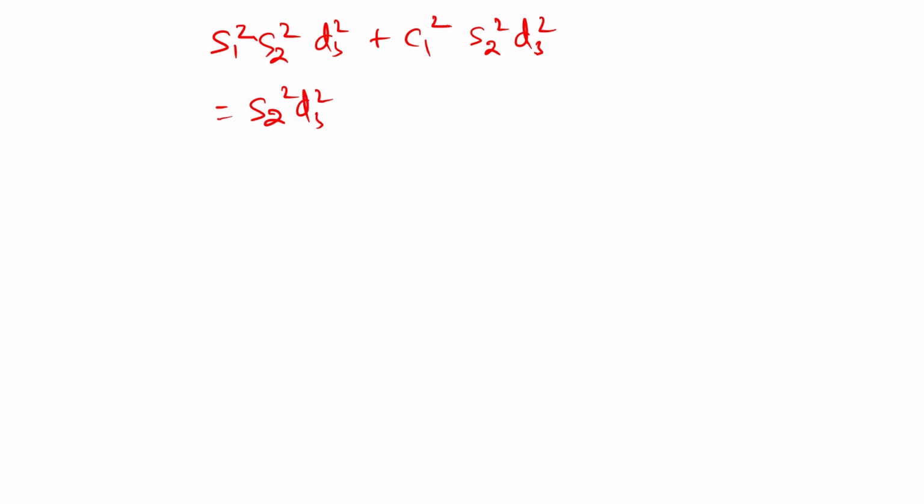If you square these terms, it is S1 square S2 square D3 square plus C1 square S2 square D3 square. Take the common terms out: S2 square D3 square, and then this will be 1. If you take the square root, it will be S2 D3.